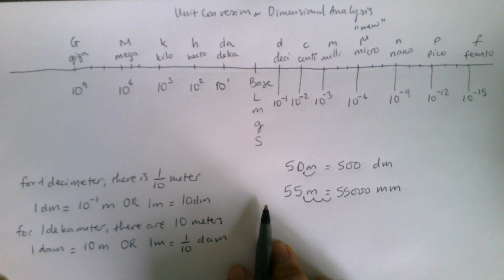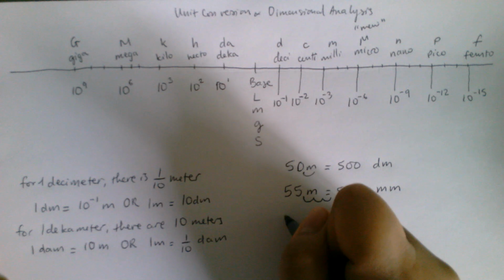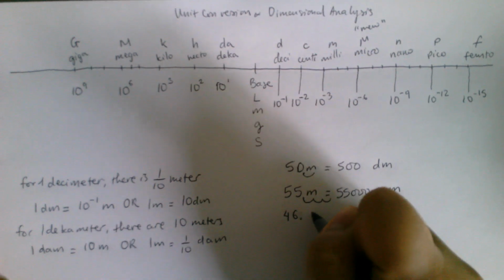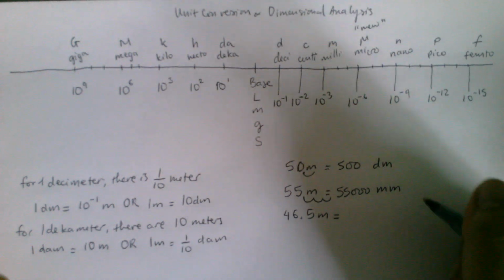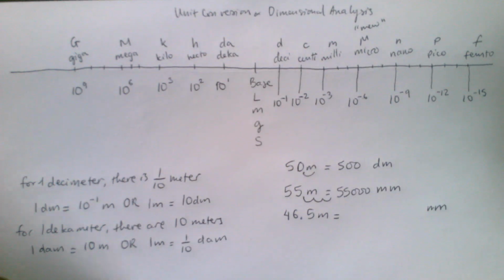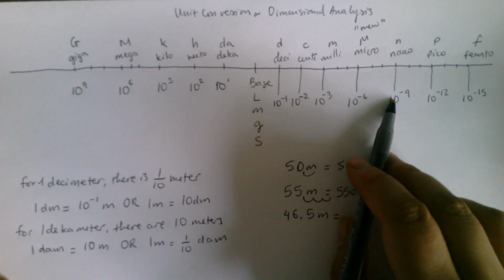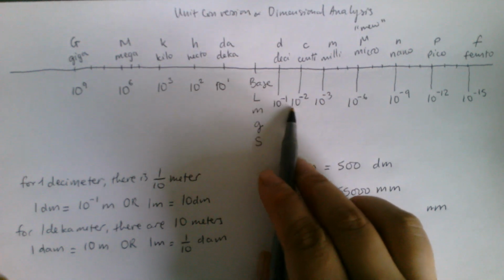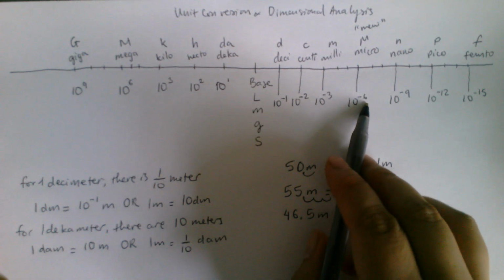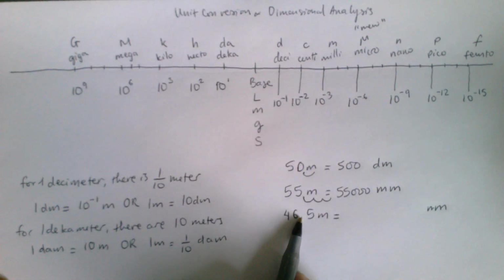Let's do another example, but for nano. For example, we have 46.5 meter, and we're trying to get to nanometer. Nano is quite a few spaces away. 9 spaces, in fact, right? 1, 2, 3, 4, 5, 6, 7, 8, 9. So we're going to count 9 from the decimal.